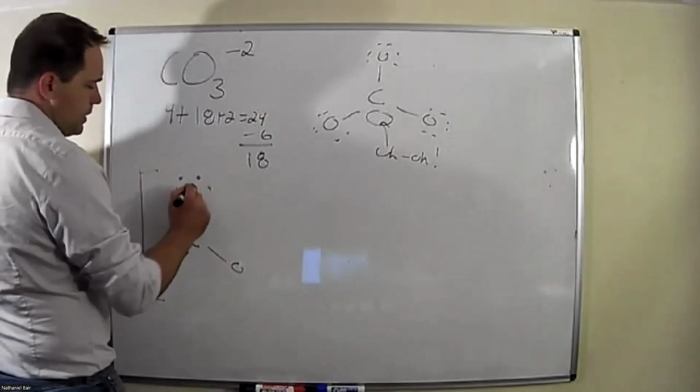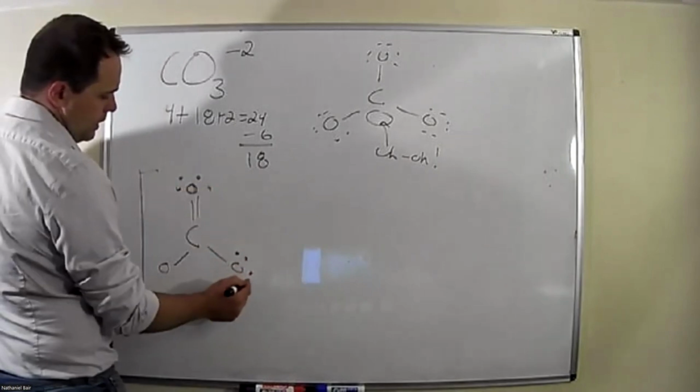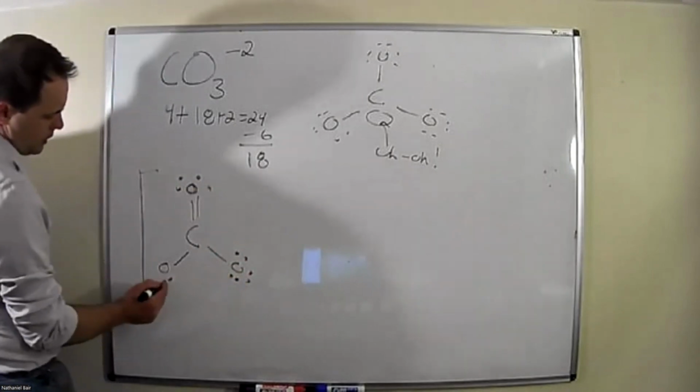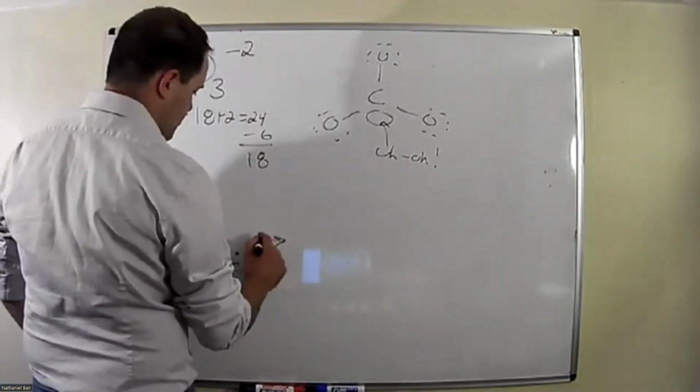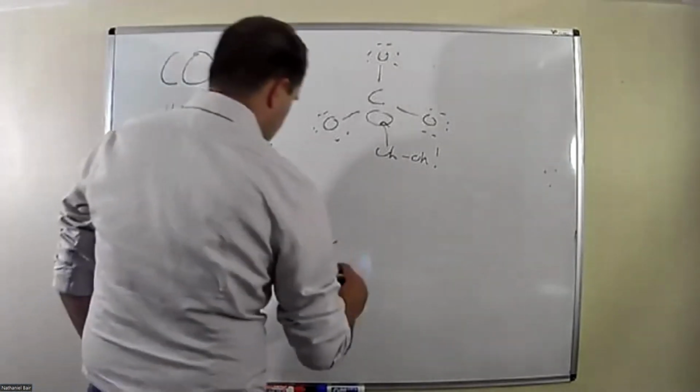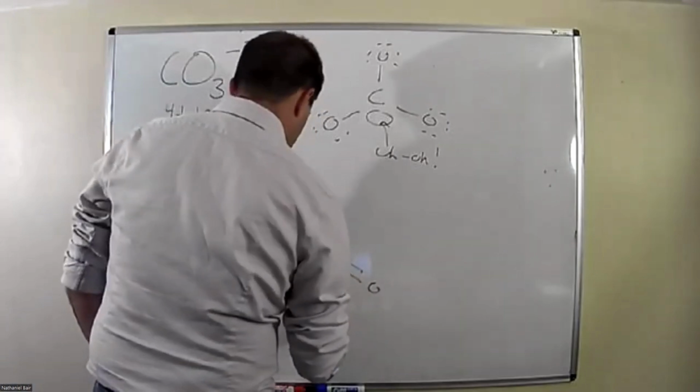The doubly bound oxygen gets 2 lone pairs. The singly bound oxygens get 3 lone pairs. There's the first structure, resonance arrow in between. Double bond on the right.